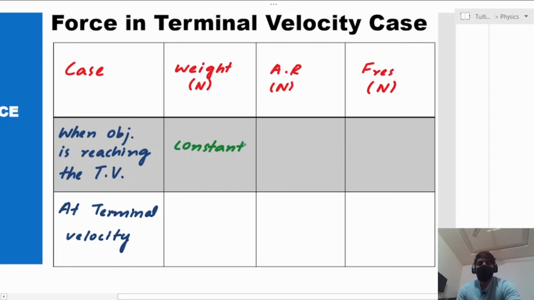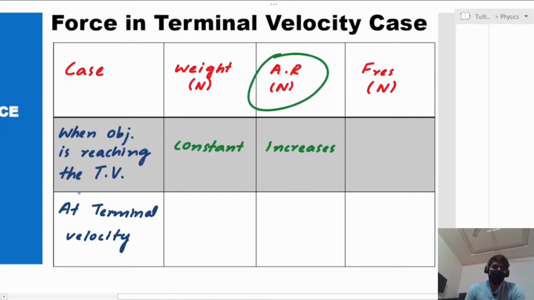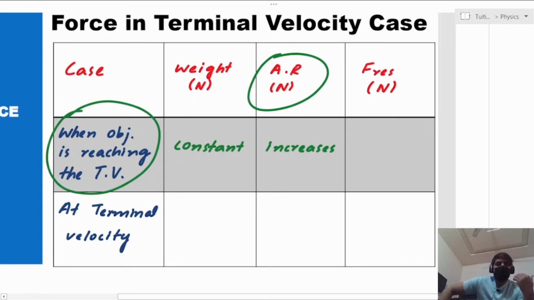And the air resistance, as you're approaching the terminal velocity, increases. Now, every cell here is an independent question. I mean, they can combine this with this. They can ask you, when an object is reaching the terminal velocity, what happens to the air resistance? Increases, decreases, remains same, or none of these?